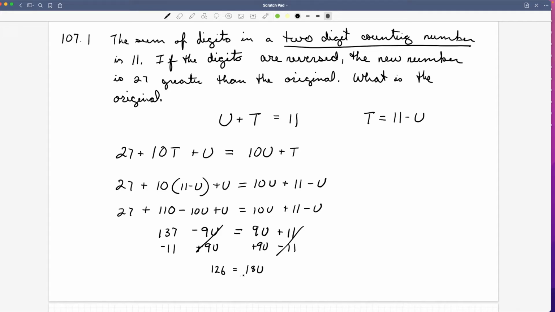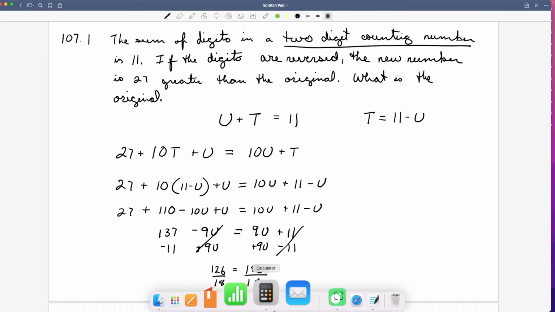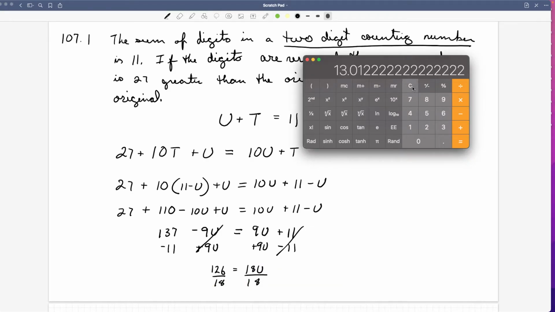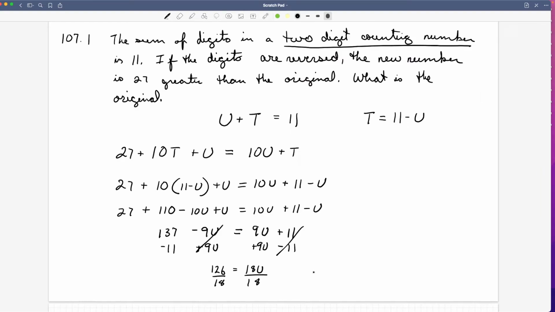So I'm going to divide both sides by 18. And let me get my calculator. 126 divided by 18 is equal to 7. So 7 is equal to u.